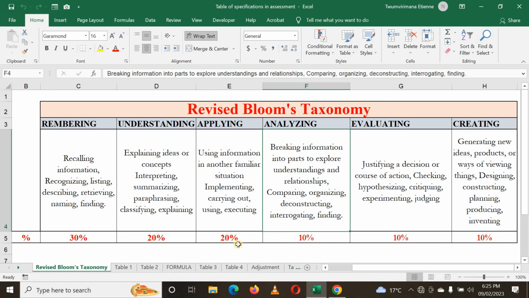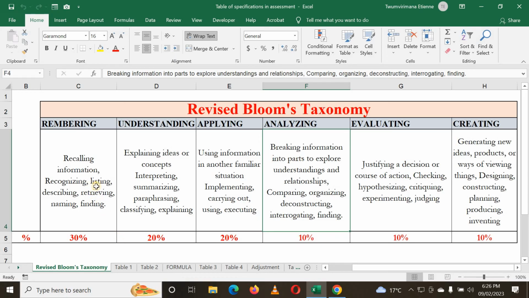In the table of specification, here we have percentages. We don't have to take maybe 90% of questions that are remembering. Here there are percentages that we're going to follow until the end of our assessment.